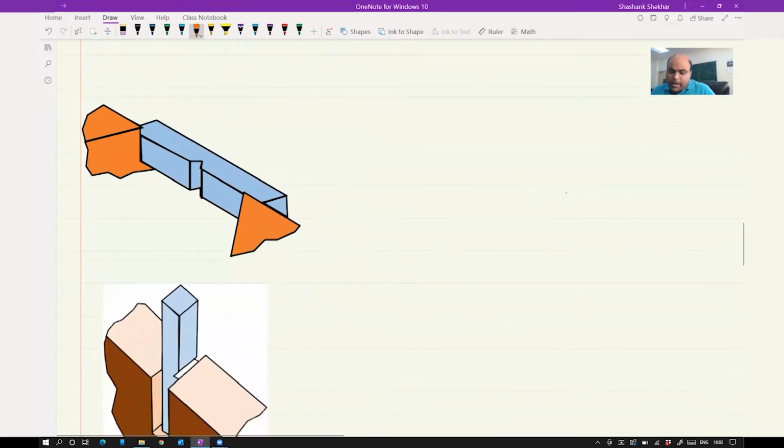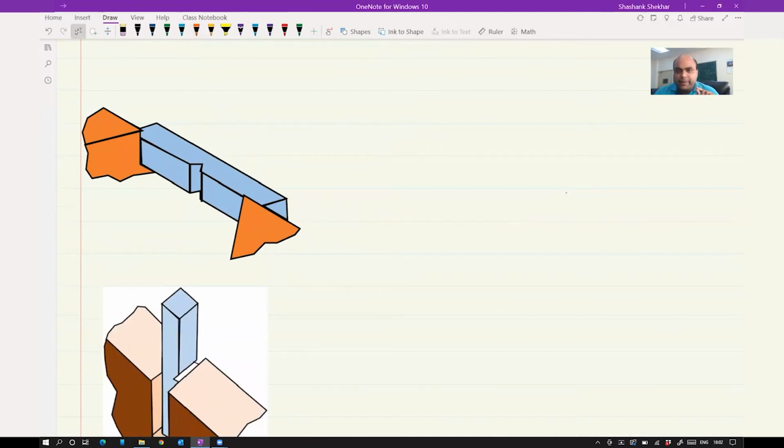Okay. Now, Izod and Charpy, I just mentioned that depending upon the placement of the sample on the anvil, we will name them either Charpy or Izod. So this is how we place the sample in the Charpy test. So you have anvils here, right? So this is your anvil. This is your sample. And your hammer, it is going to turn from this side.